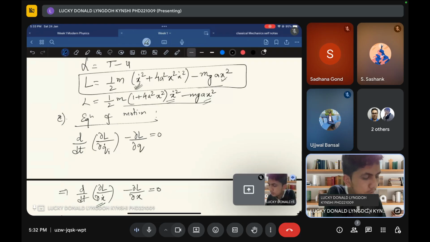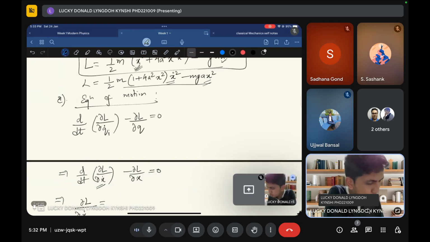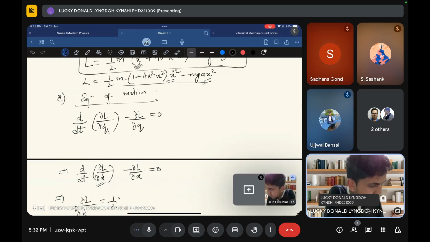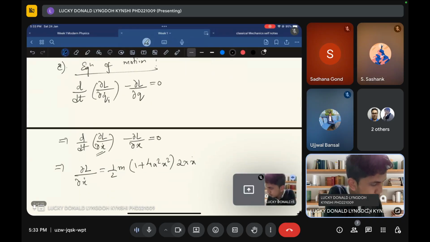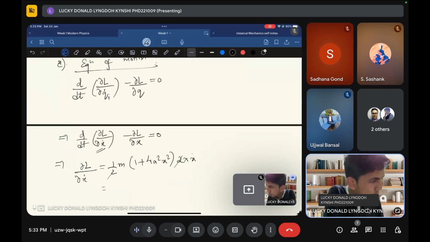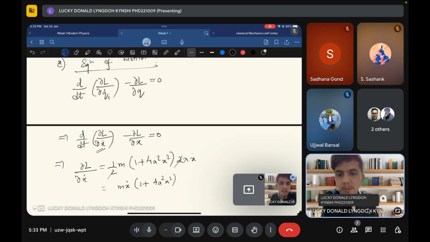That means you have only the first term here. So you will have half m, 1 plus 4a square x square, times 2 x dot. The 2 and 2 get cancelled, so you will have only m x dot times 1 plus 4a square x square.